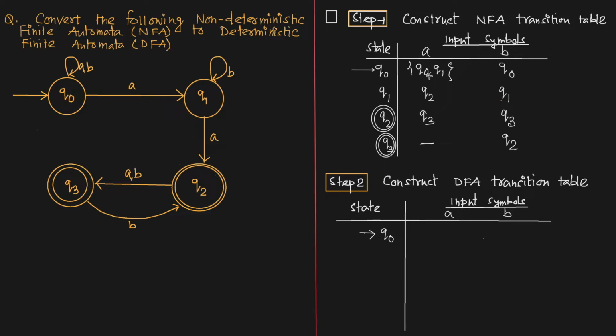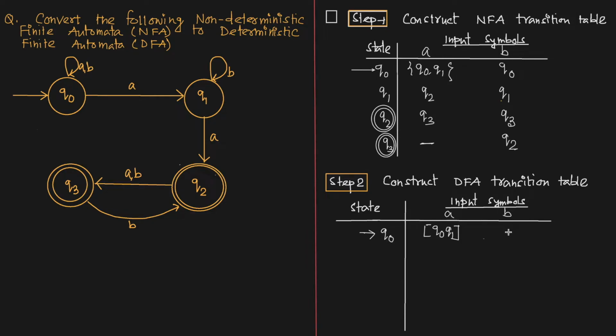So Q0 on A gives multiple states Q0, Q1. We treat Q0, Q1 as a single state. So Q0, Q1 is our new state.